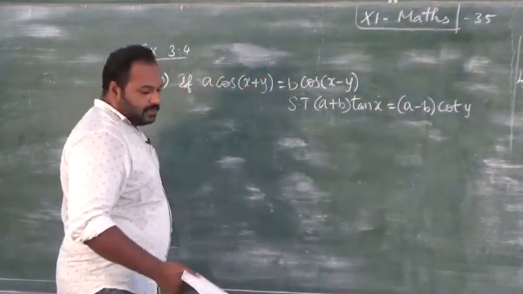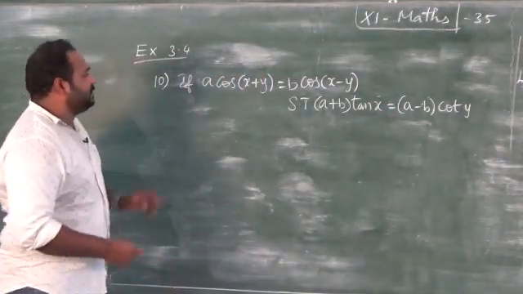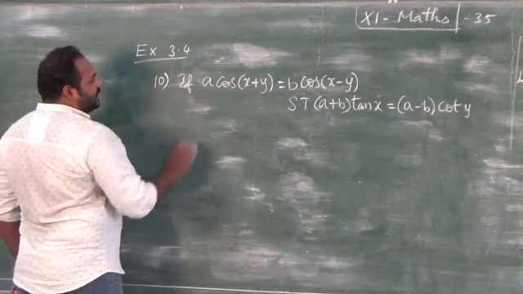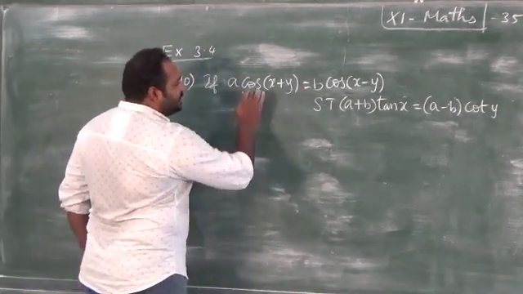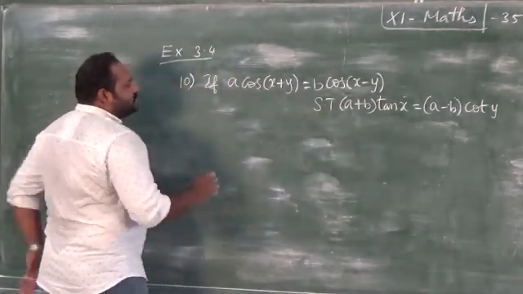Now, listen carefully. First I am going to take the B to this side and take cos(x + y) to the other side.